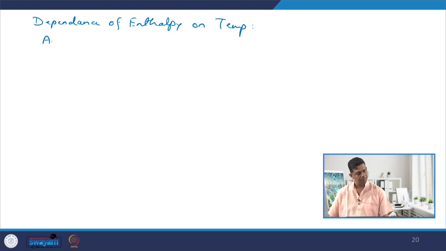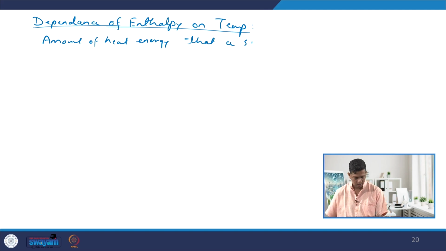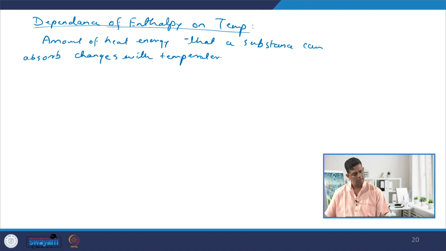So basically, sorry, I forgot to mention it is a title, amount of heat energy that a substance can absorb, and this changes with the temperature. And this is what we are going to observe or rather record.